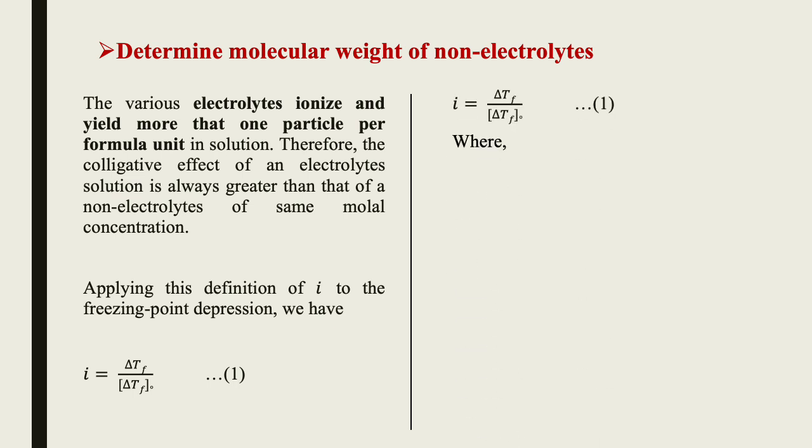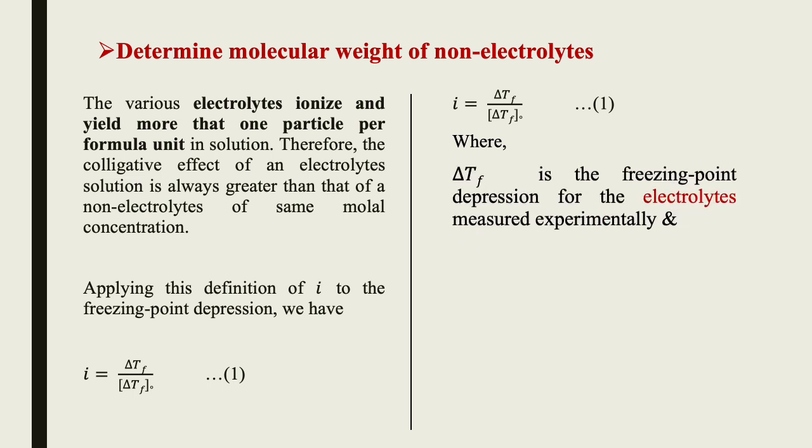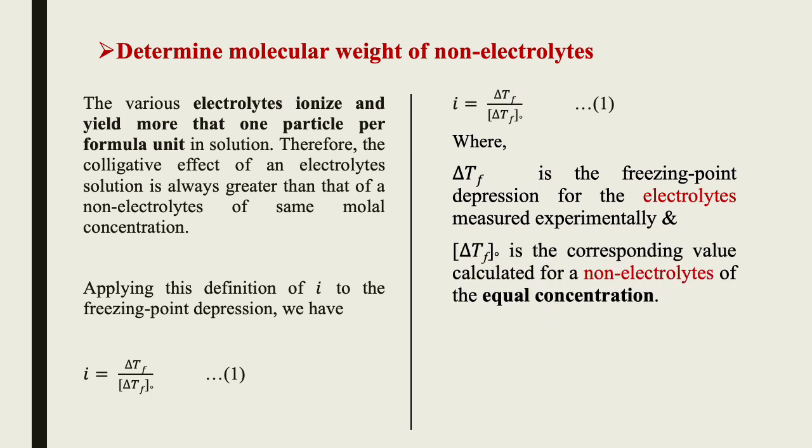Here delta Tf is the freezing point depression for the electrolyte, measured experimentally, and delta Tf naught is the corresponding value calculated for the non-electrolyte substance. Suppose you take sugar as the non-electrolyte and sodium chloride as the electrolyte.